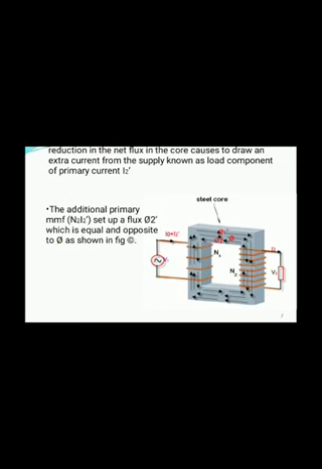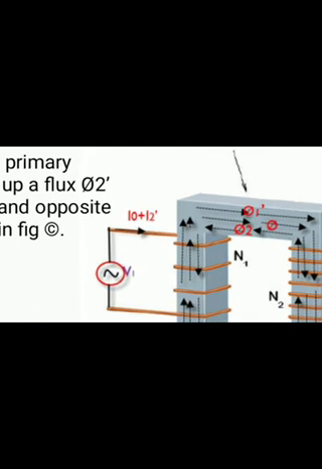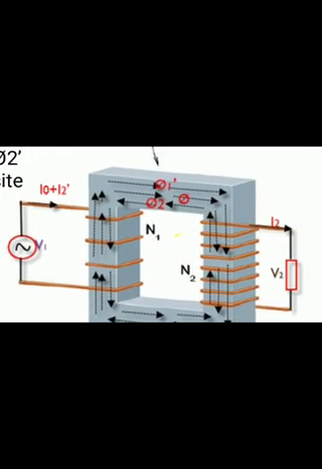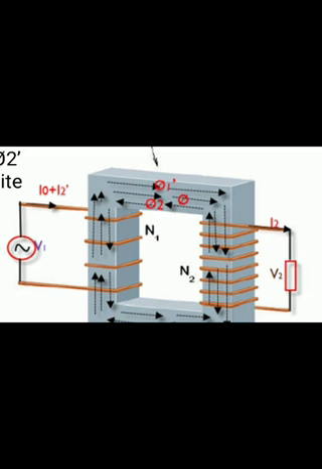Here two fluxes are produced. From the secondary side φ2 is produced, and from the primary side φ2 dash is produced.